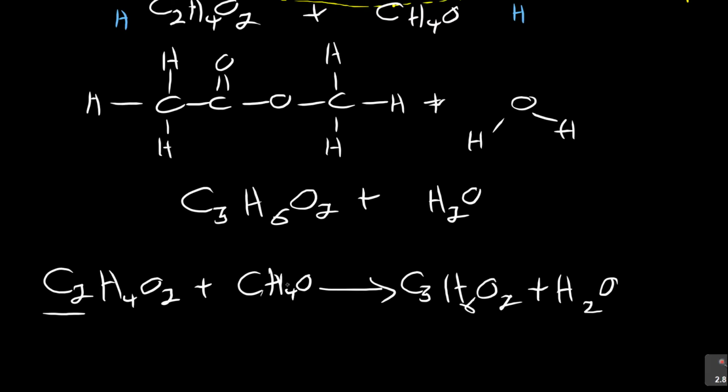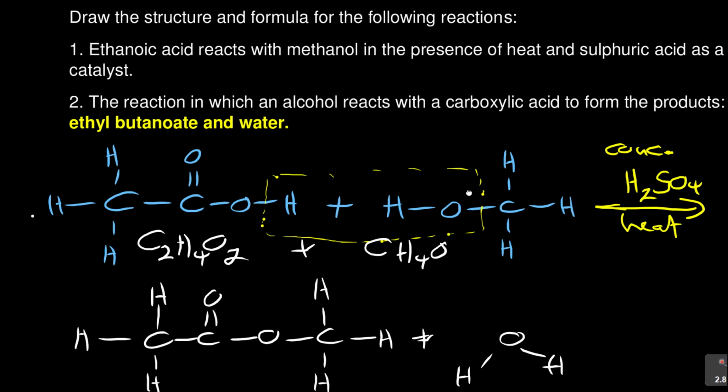CH4O. What does it mean? Carbons, there are 3. Hydrogen, there are 6 plus 2, that is 8 on the other side. And oxygen, there are 3. So it's still fine. It maintains that. So that's the formation of an ester.